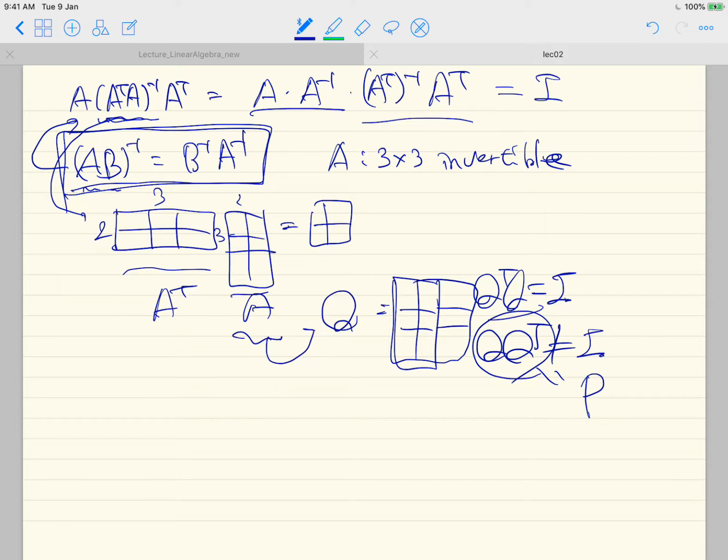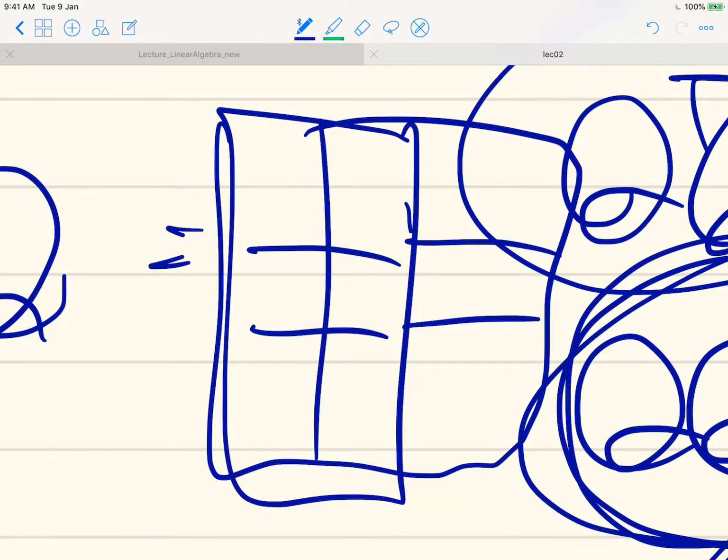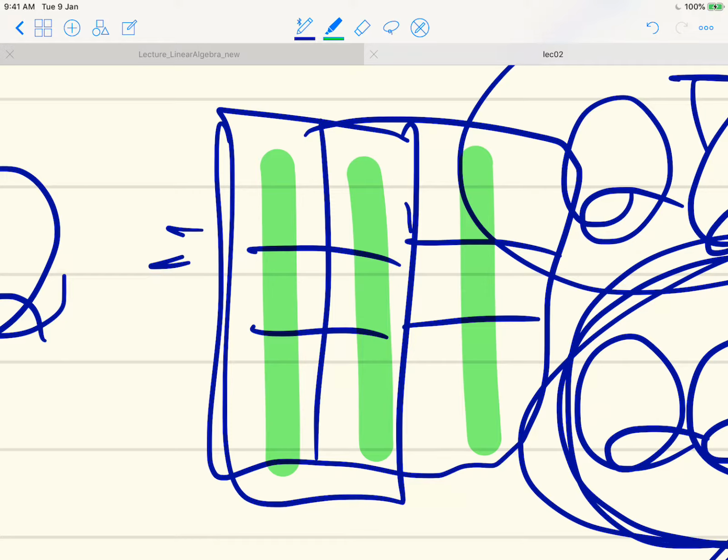not only this is true, but also this is true, and thus Q Q transpose is identity. What does that mean? Our projection should produce the identity mapping, right? That is because we have three orthonormal columns provided in our matrix Q. If we consider the span of these three vectors living in three-dimensional space, that will produce the entire three-dimensional space.